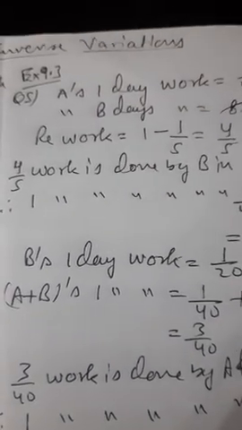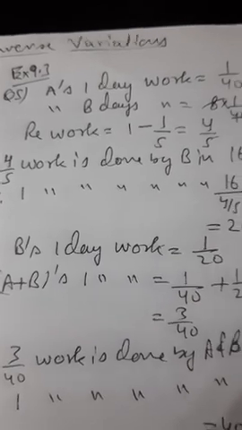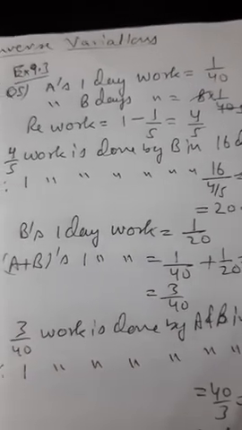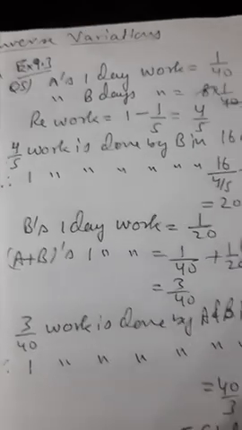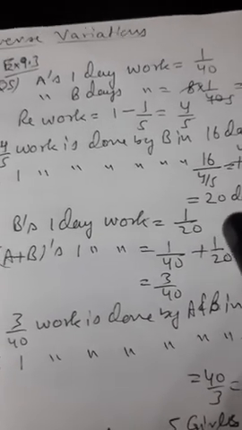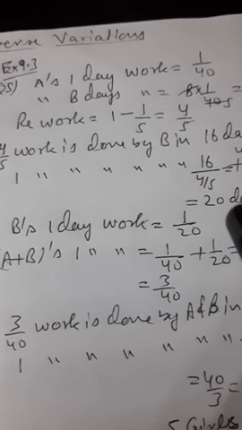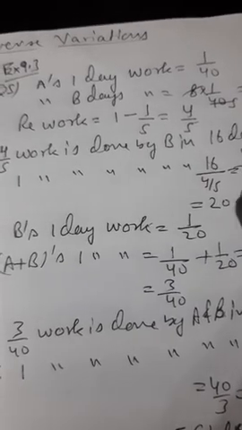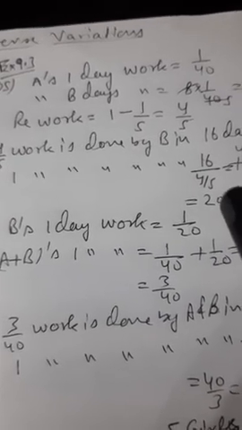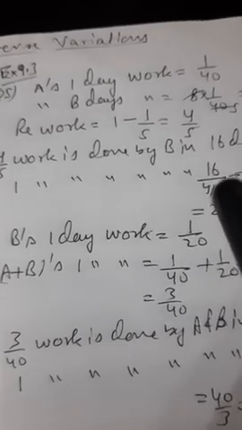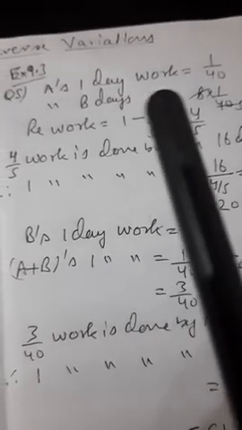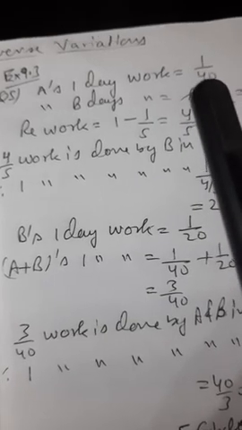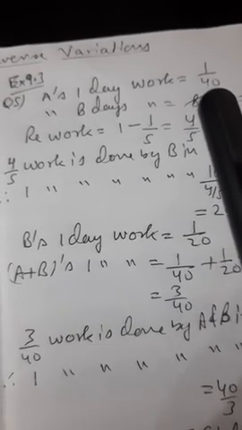Look at exercise 9.3, question number 5. The question says A can do a work in 40 days. So you have learnt how to find 1 day work. 1 day work will be 1 upon the total number of days somebody can complete the work.